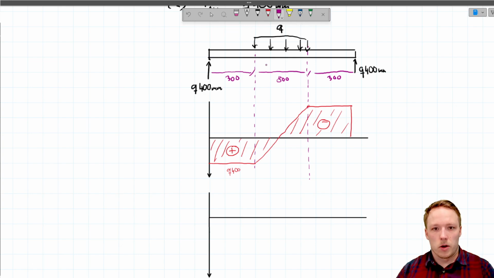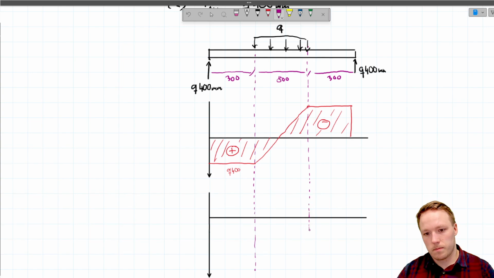Let's highlight the location where the forces are. Like so. So when we start at the beginning, we don't have any bending moment, so we are at 0.